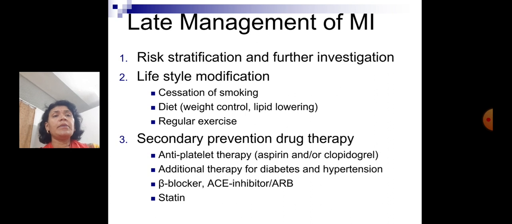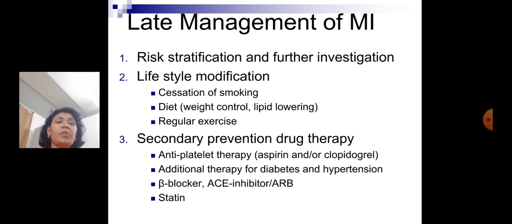Coming to the late management of MI. After risk stratification and further investigations have been done, we come to the management. Lifestyle modification, that is cessation of smoking, modification of diet, weight control, dyslipidemia control, and regular exercise, should all be included in the management strategy.